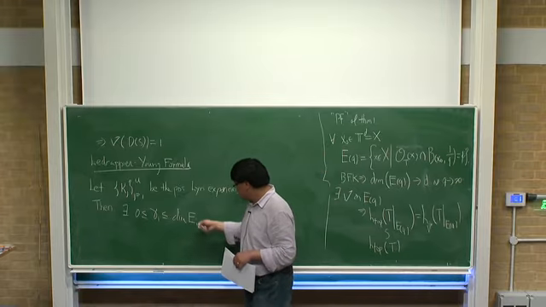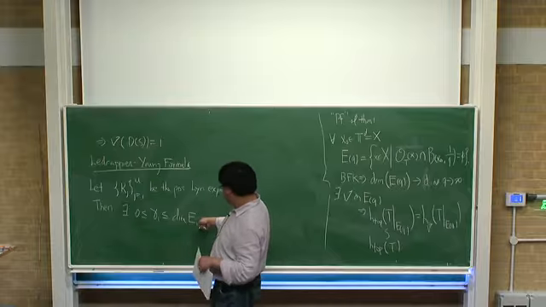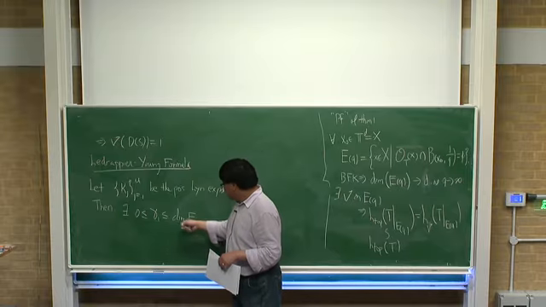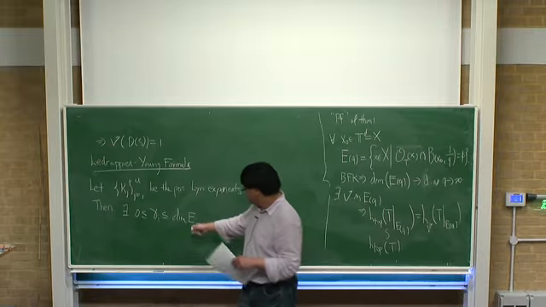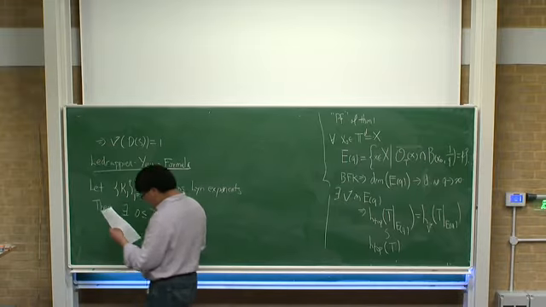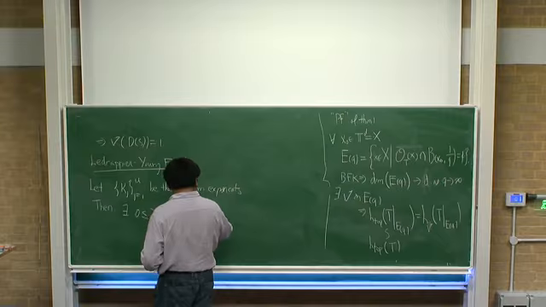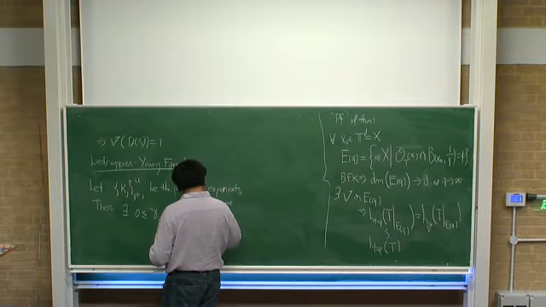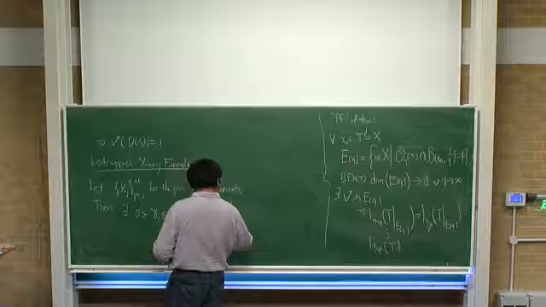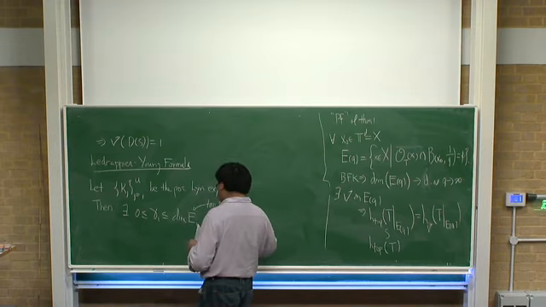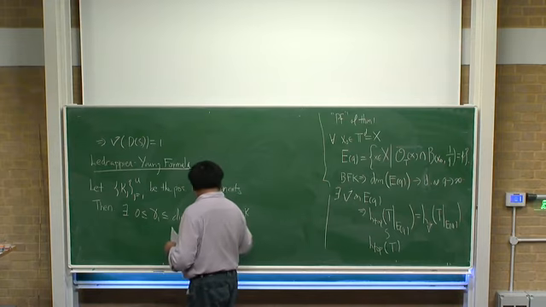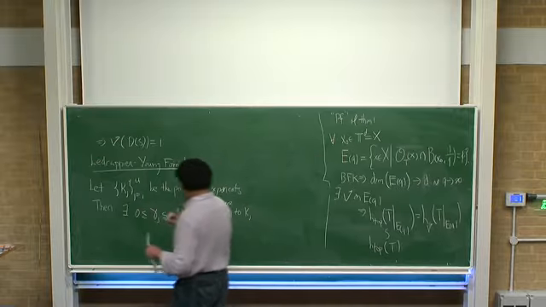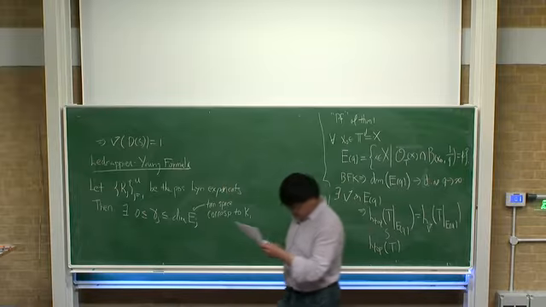So this is constant almost everywhere, and I have this number between this and that: the tangent space corresponding to kappa, I'm going to call this J. So these numbers exist.